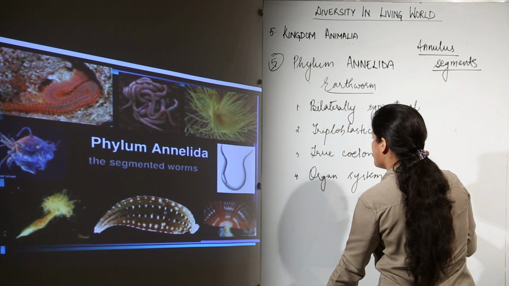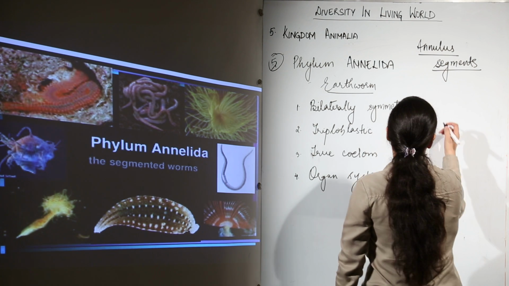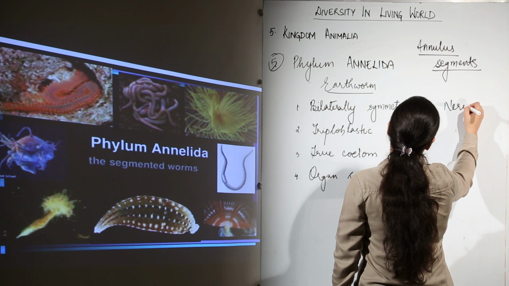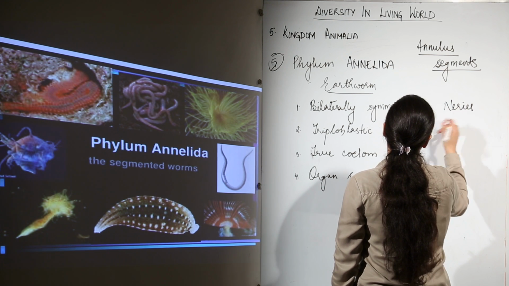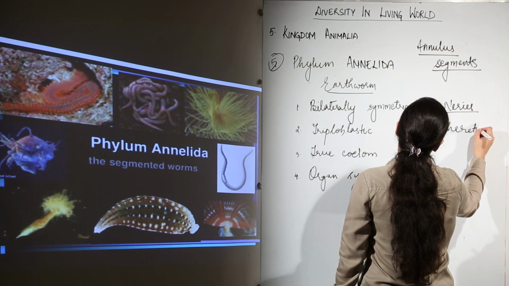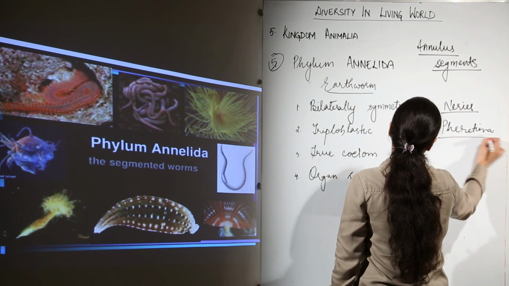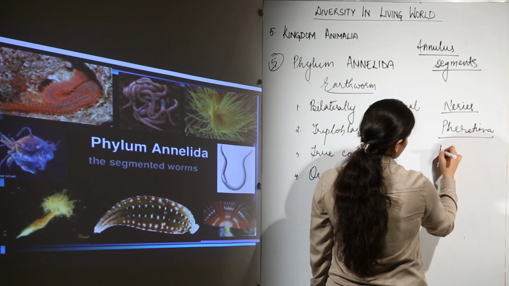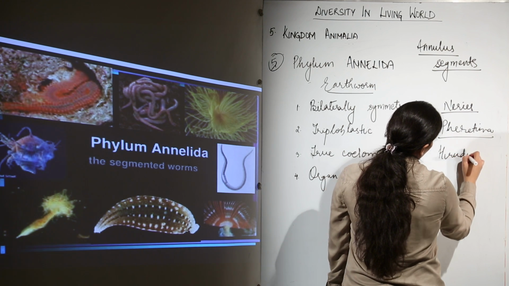So you have to remember the examples, and one is Nereis, other is earthworm which has the scientific name Pheretima, and the third one is the blood sucking leech which is known as Hirudinaria.